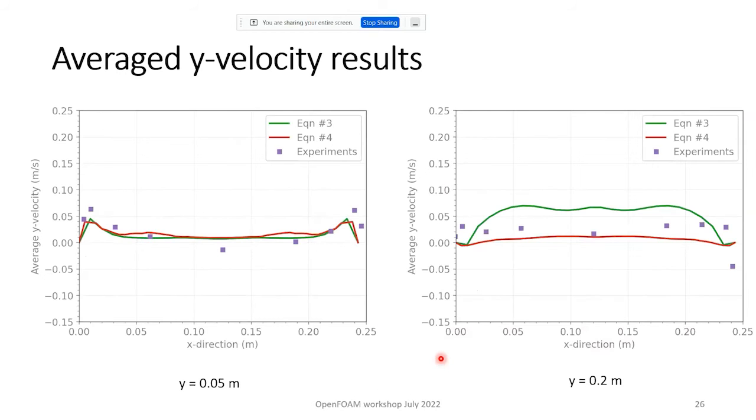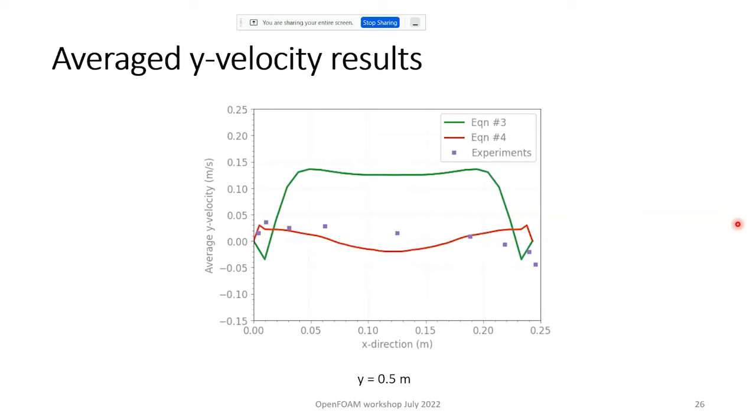We see at a height of 0.05 meter, both of them are very close to each other, but at a height of 0.2, equation 4 is very close to the experiments, apart from this small wall peaking, which maybe can be solved using wall force, which I have not included in my analysis. But equation 3 is deviating a lot, and this can be seen at higher heights, where the deviation is even more.